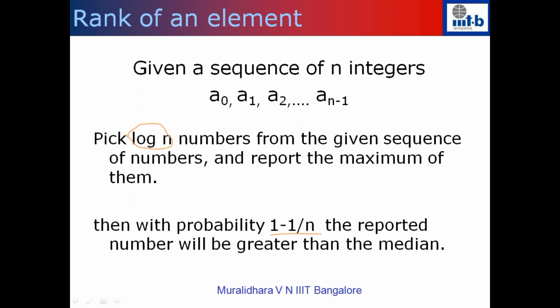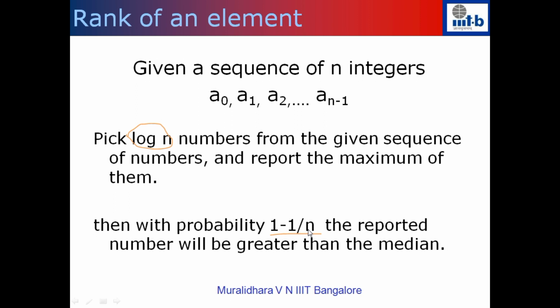In the income tax example that I gave you, if n is 50 into 10 to the power 6, then if I choose about 26 of the numbers, you can see that with probability 1 minus 1 by 50 into 10 to the power 6, the number we choose will be greater than the median.